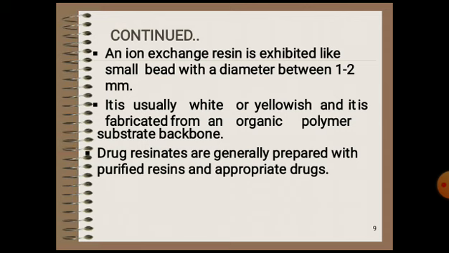And what are the colors? An ion exchange resin is exhibited as small beads with a diameter between 1 to 2 millimeter. It is usually white or yellowish in color and is fabricated from an organic polymer substrate backbone. Drug resinates are generally prepared with purified resins and appropriate drugs.